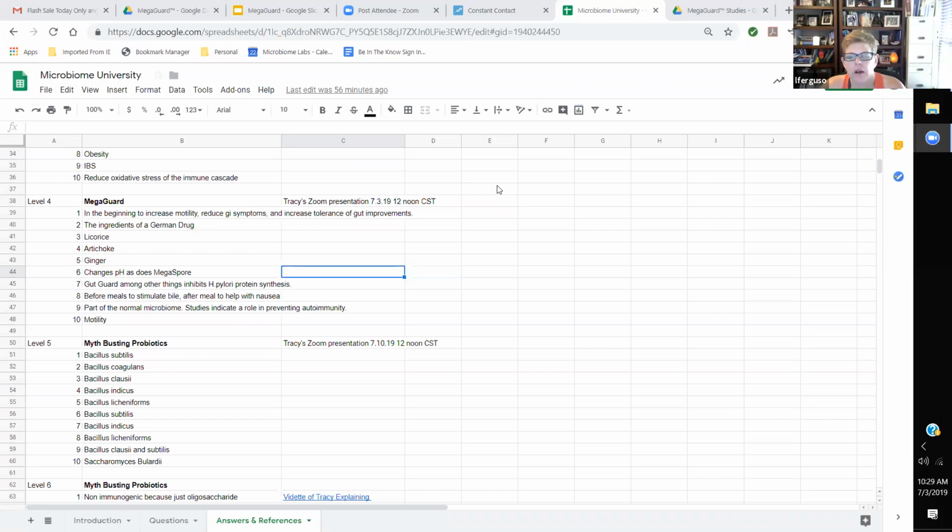Okay. The other question I had about the MegaGuard is the amount of each of the nutrients that is in the product. Are those at higher levels than you would typically find on just a regular supplement that you would find on Amazon or whatever?